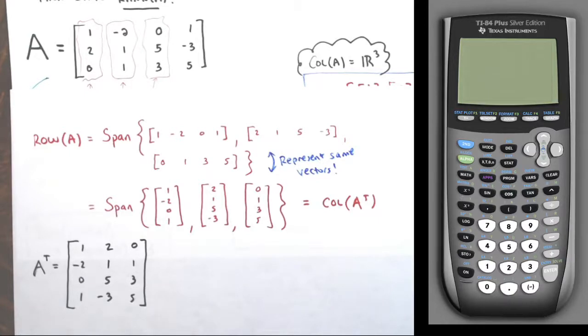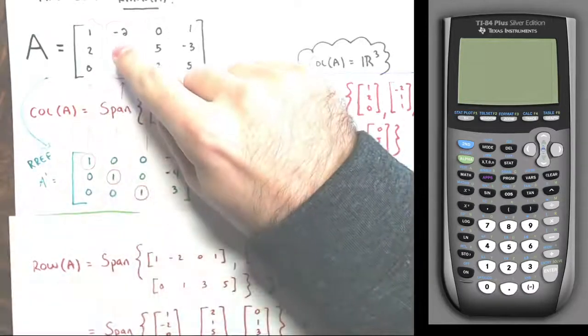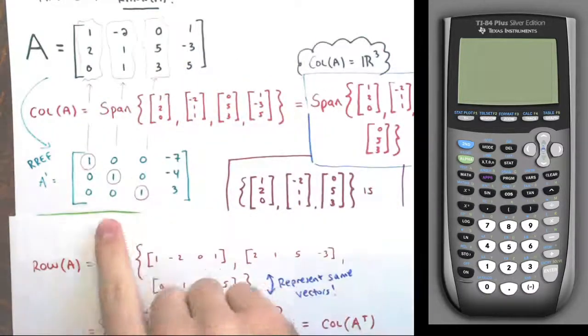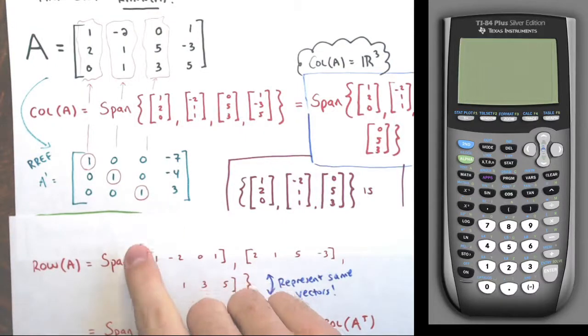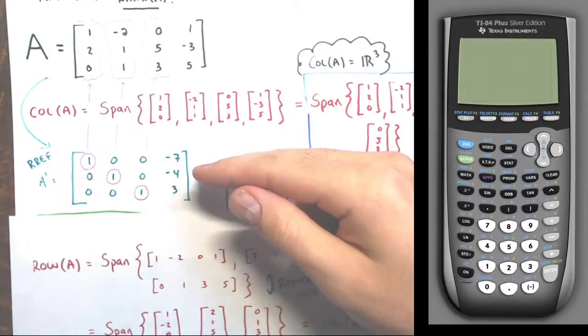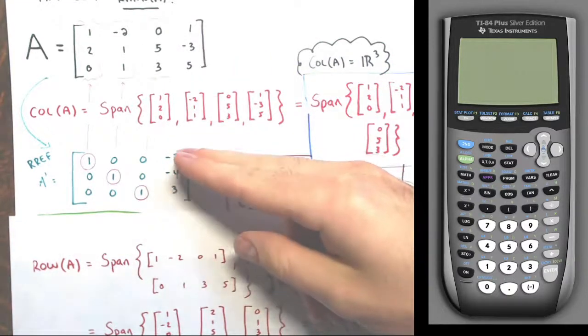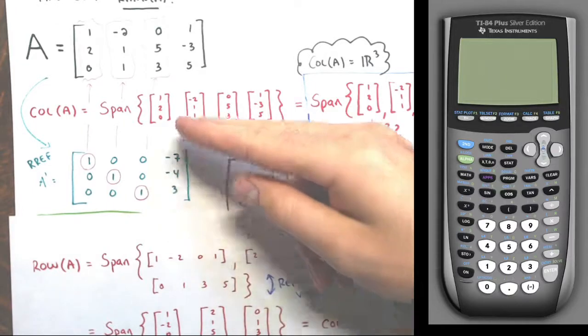Okay. Now let's see if this is a minimal spanning set. Is this set of these three vectors independent? Going back, you could leave it as A, like I did here, or put it in reduced echelon form, like I have here, and then when you perform elementary row operations, all of these rows down here are just linear combinations of the rows you started with.